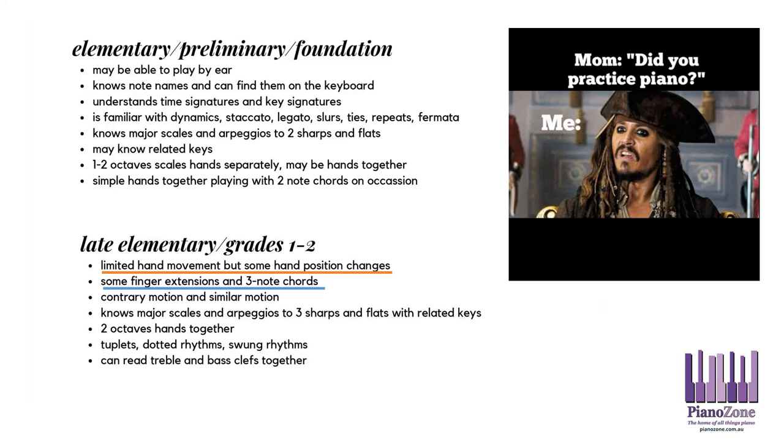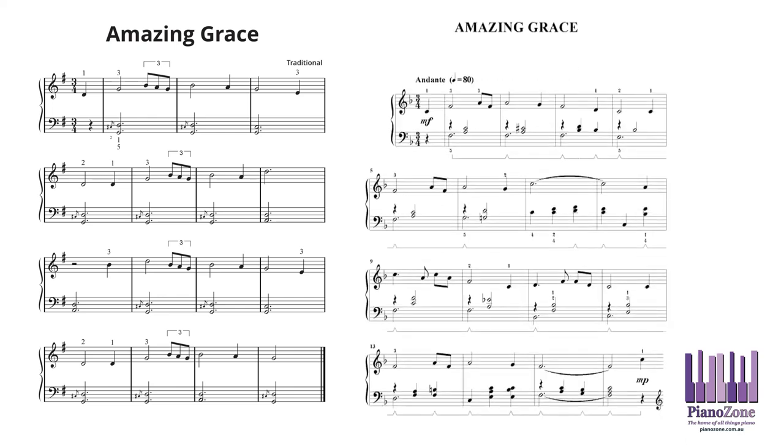So keeping these in mind, have a look at these two examples of the same piece. This one has far less hand movement and fewer finger extensions, which is why it is more suited for preliminary, whereas this sample is more suited for grade 1 or possibly even grade 2, depending on what the second page is doing. One other thing to note is the first example has no performance directions on the score, but the second one does have a few.